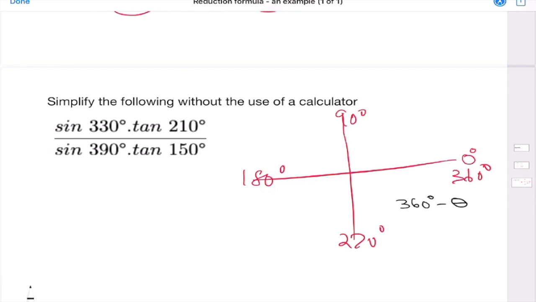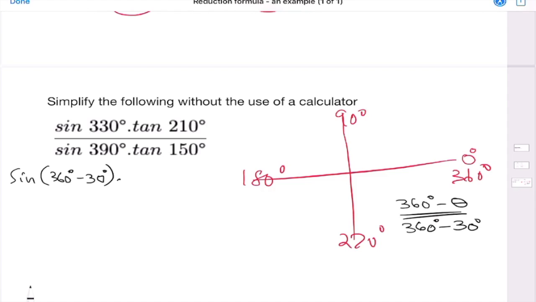So let's find a way to write 330 degrees in the form 360 subtract something. Clearly, 330 degrees should be the same thing as 360 degrees subtract 30 degrees. So we can now rewrite that expression in the form 360 degrees subtract 30 degrees.